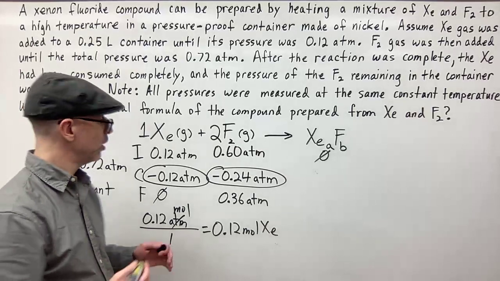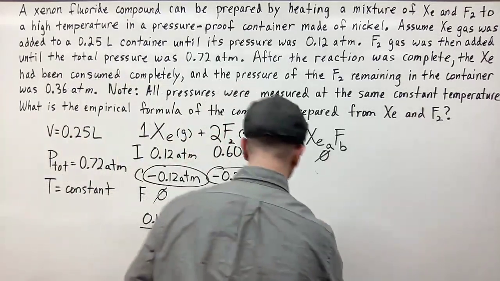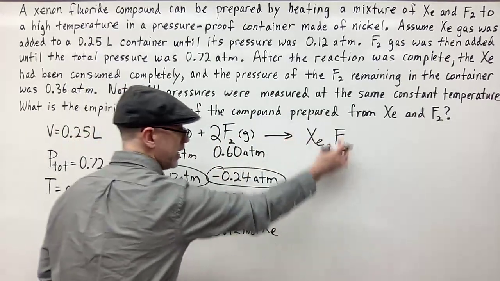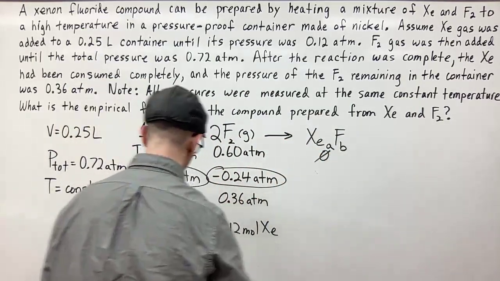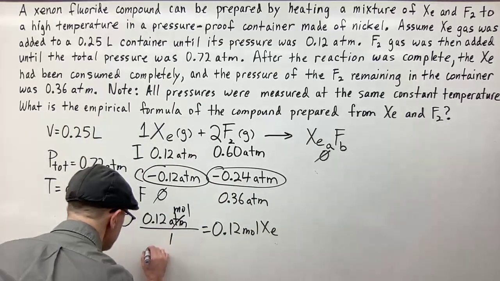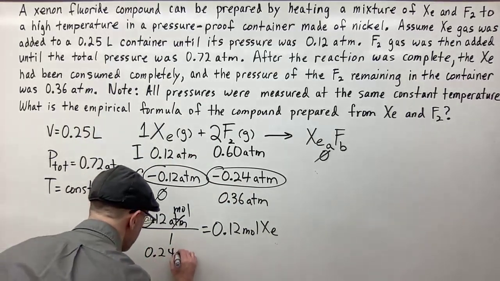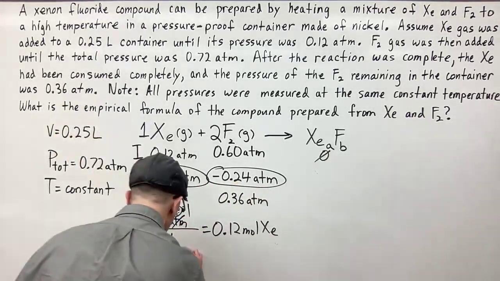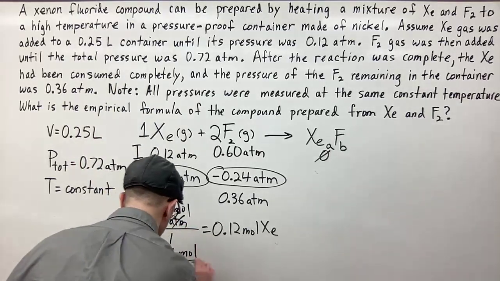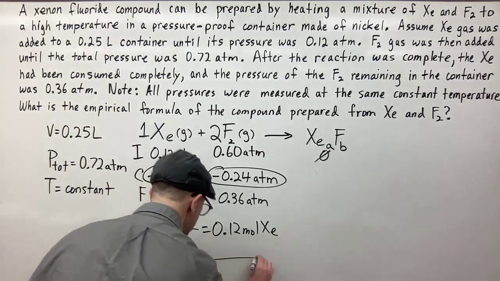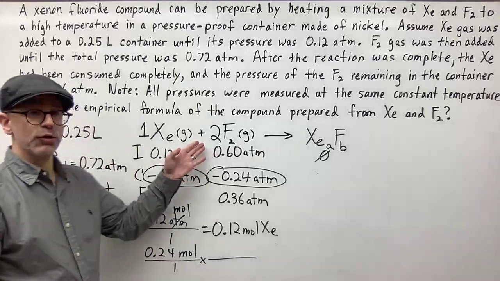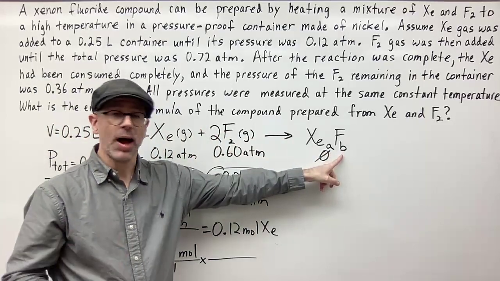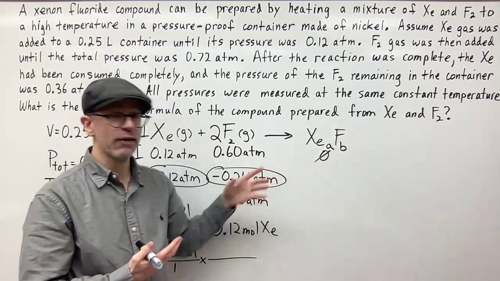And then I can do the same for fluorine. The amount of fluorine that ended up in my formula over here is 0.24, and again, instead of atmospheres, I treat that as moles. Here, I want to convert to atoms because I don't have fluorine molecules in my formula, I have fluorine atoms.